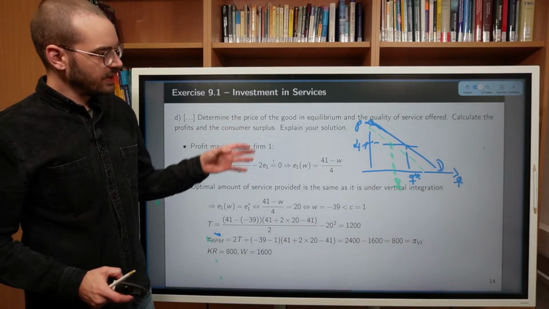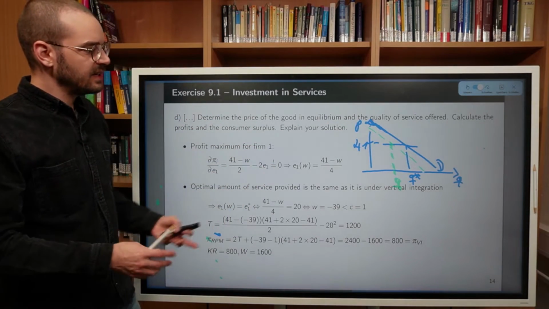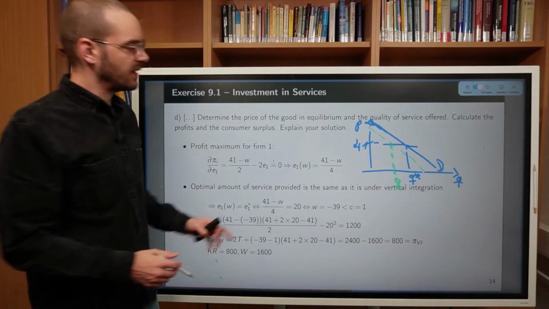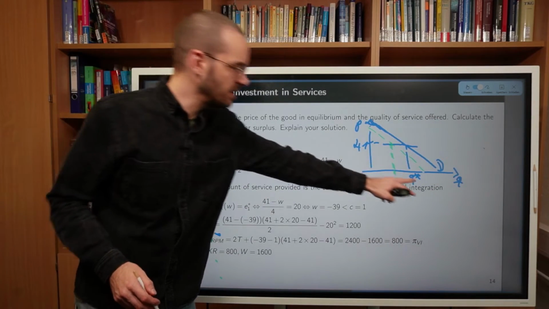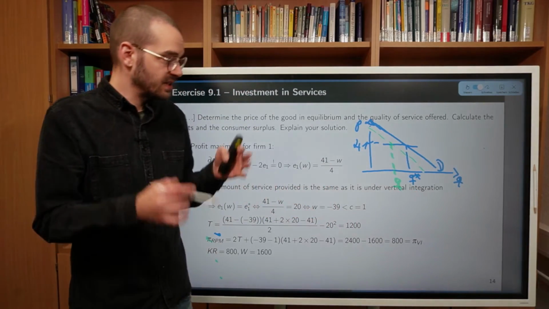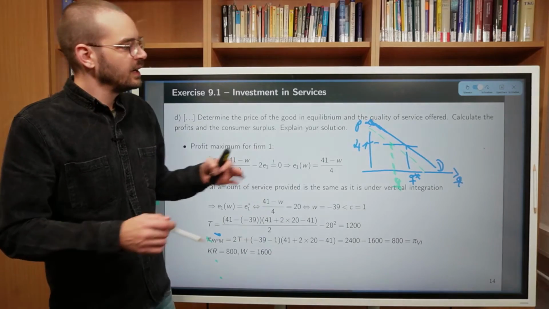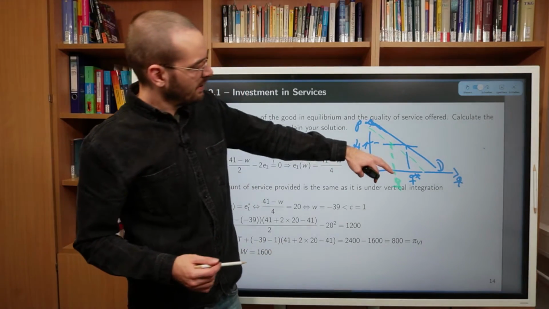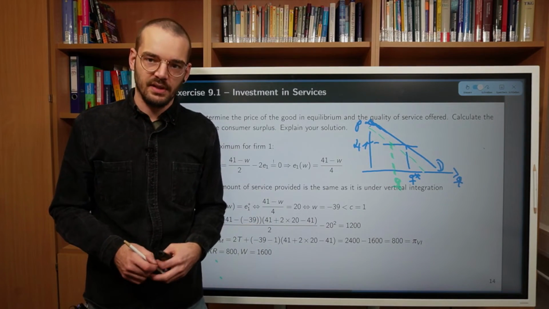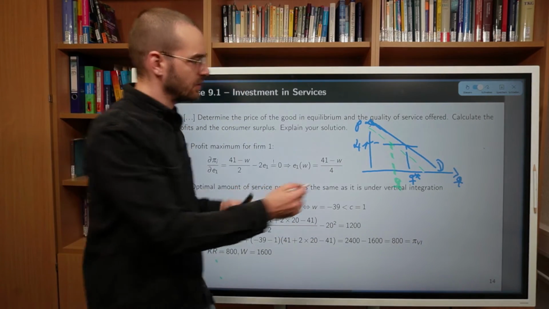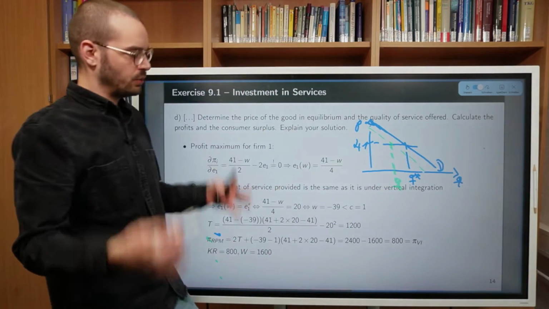So this whole argument is just to support the idea that if we want to maximize profits for a given price, and thus we need to reach a given quantity, the same that we saw under vertical integration, where this price comes from as well, well then we need to shift the demand function in the exact same way that we did under vertical integration. Because only then do we have this exact same combination of price and quantity.